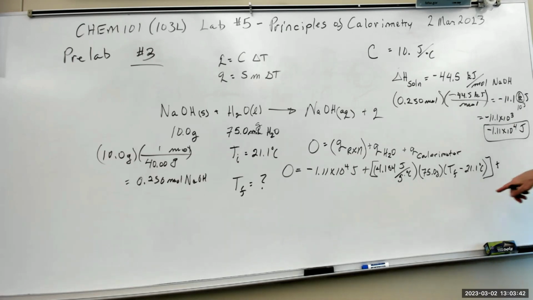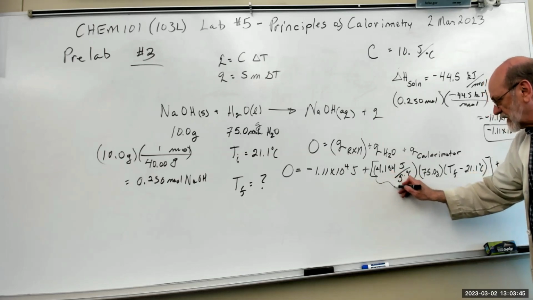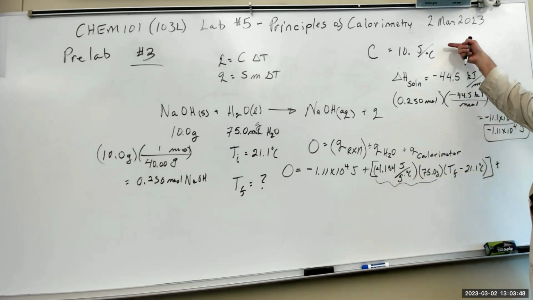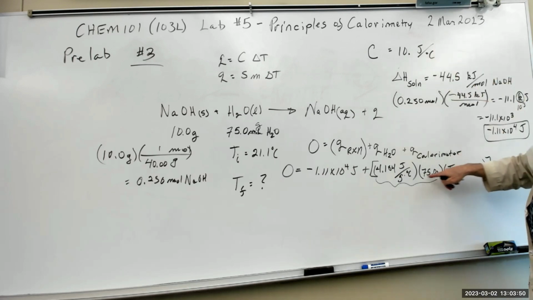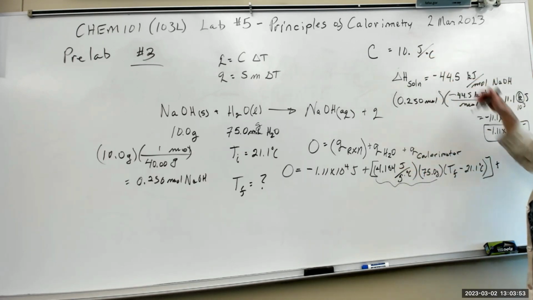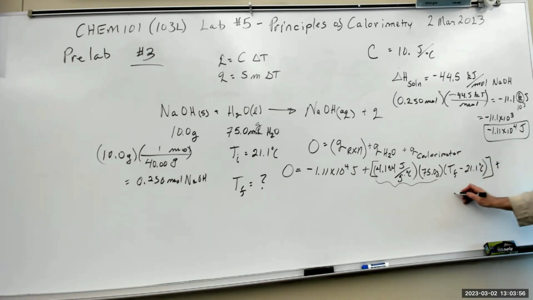Notice that grams cancel, leaving you with joules per degree C. So this term is going to be just the C value, 10 joules per degree C, and that's times TF minus 21.1 degrees C. There we go.